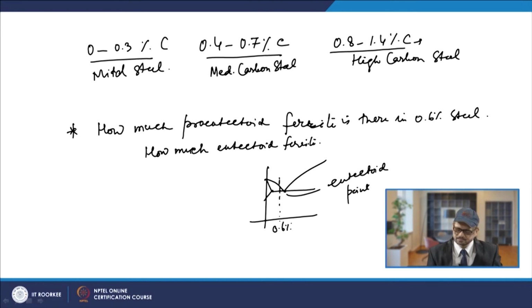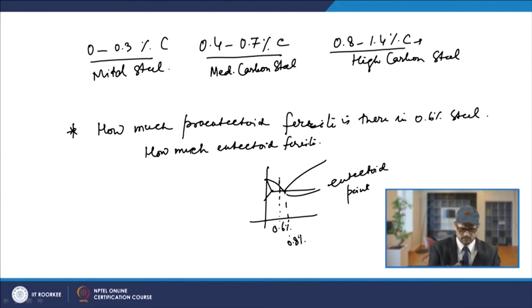Now, you will have ferrite of composition according to this line, but the amount of ferrite formed will be based on this line upon that line. So, this is your 0.8 and this is your 0.6.